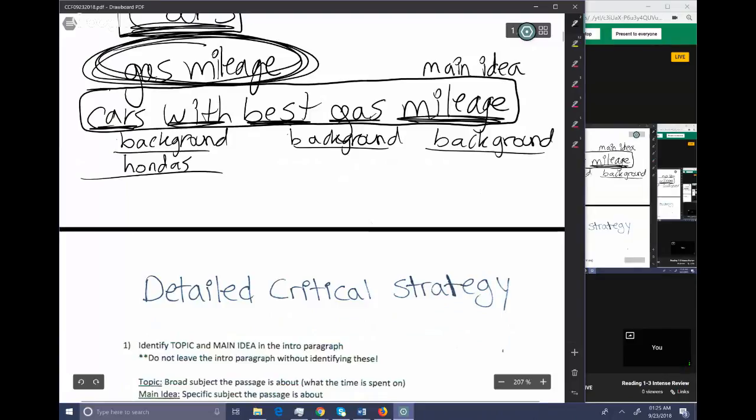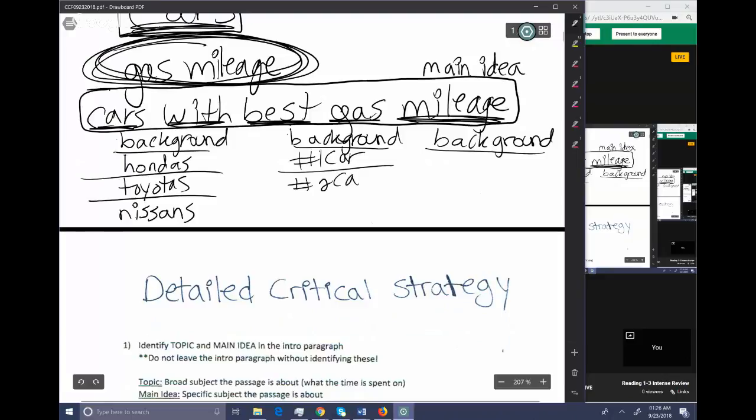And then I could do the same thing with Toyotas and then Nissan. So my paragraph focuses, written down as I'm reading through, could be background, Honda, Toyota, Nissan.